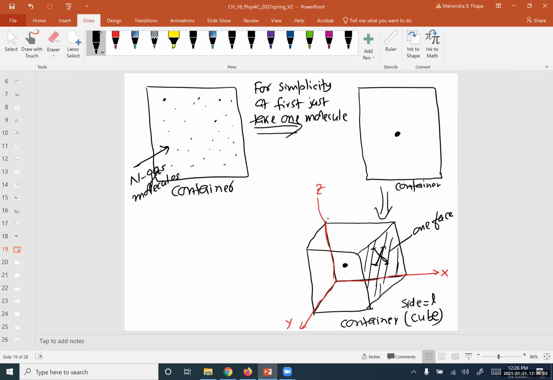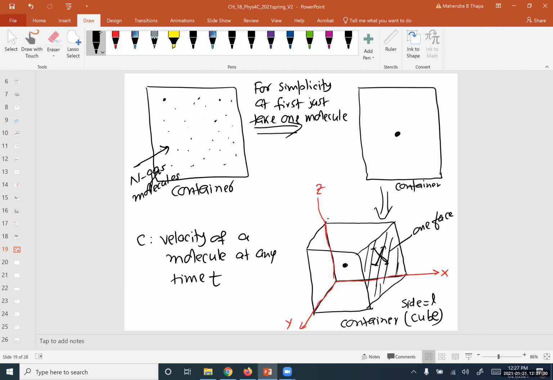So we can assume, let's start, that this molecule has a speed c. So this is the velocity of the molecule at any time t. You know that c could be along any axis, so we can divide this into 3 components.